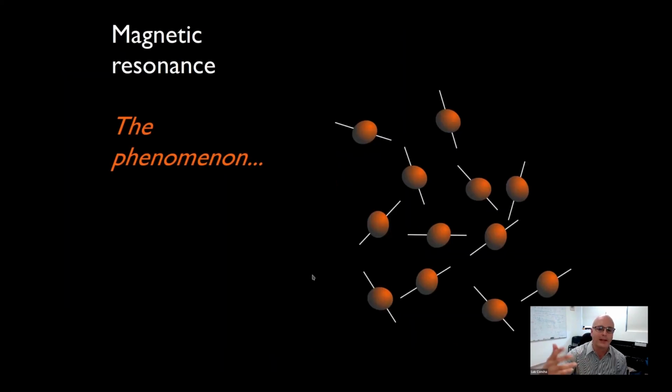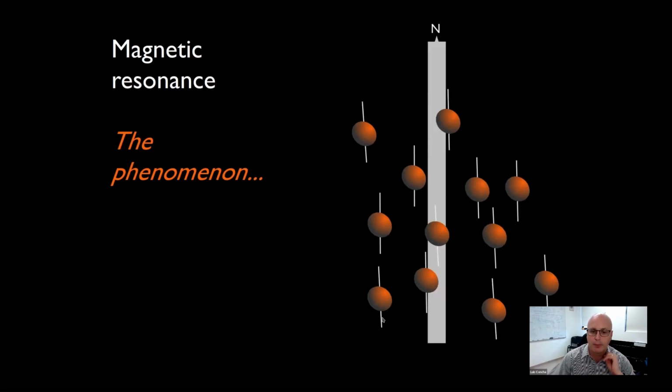So how do we get this signal? We need to discuss the MRI phenomenon, or the MR phenomenon, I should say. In my representation, we have these protons as orange spheres, and they have their little bar magnets, which we called mu a while ago, associated with them. But because each one of them is so weak, they're all pointing to whatever orientation they want, and they're all interacting with each other, and they're really not aligned in a particular orientation.